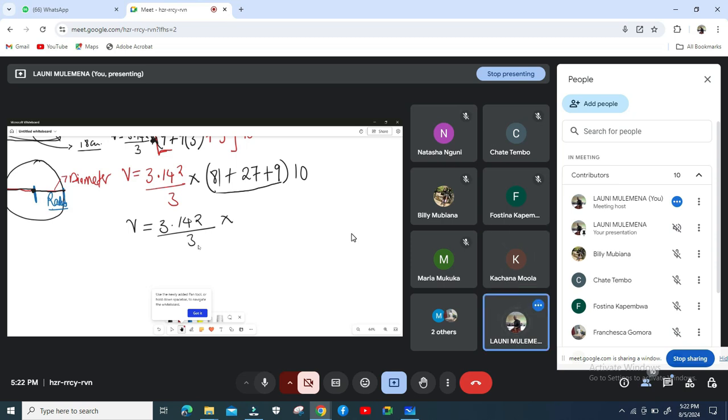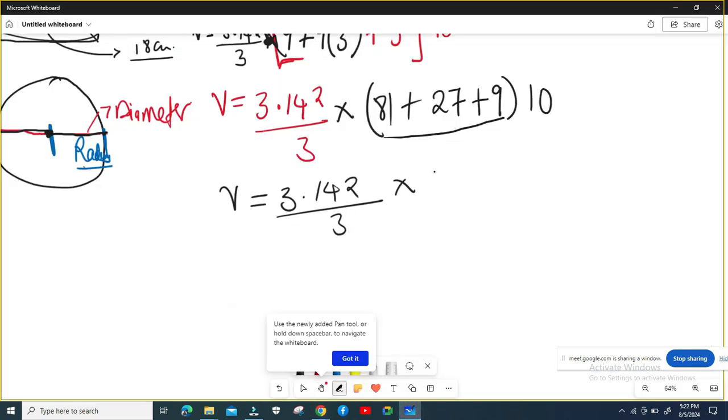You are saying 81 plus 27 plus 20 plus 9. Yes, it's 117. So I'll write 117, then we have times 10. So volume is equal to... the way you simplify depends on your preferences.